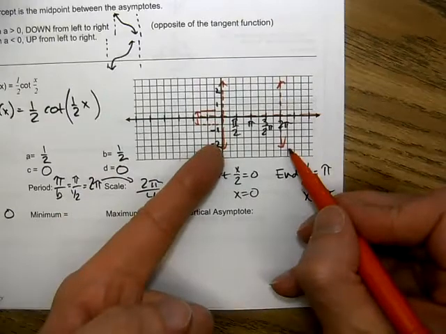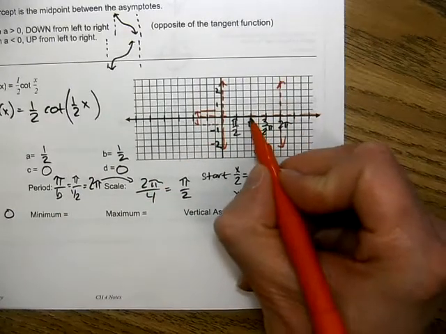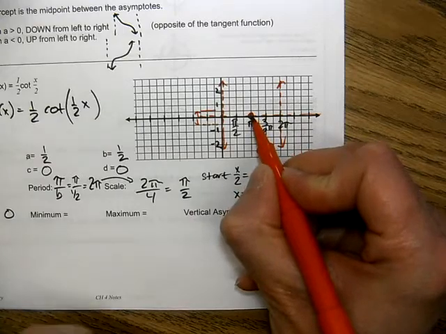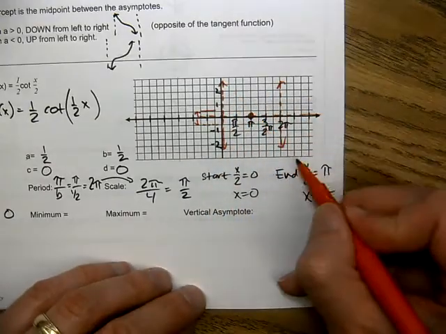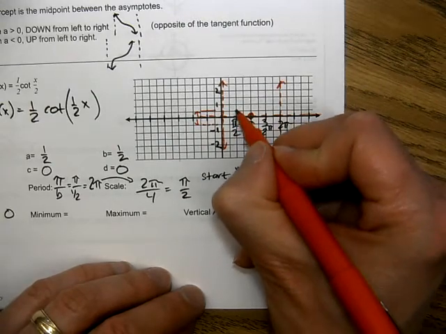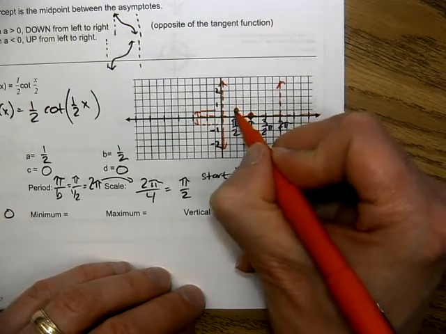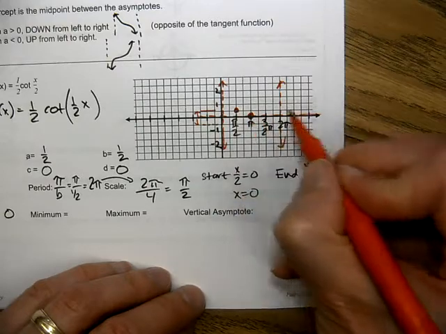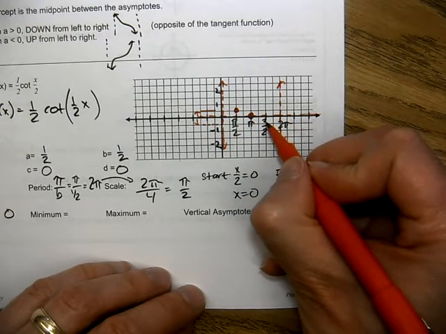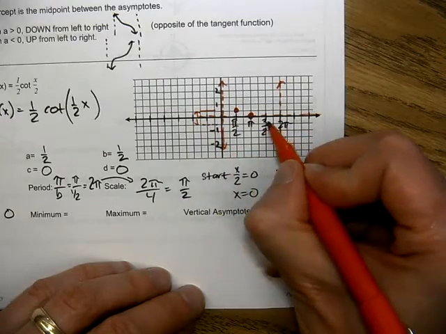Between the two vertical asymptotes, right smack dab in the middle, you have a critical value on the midline. Remember that our cotangent graph is going to be falling. So at pi over 2, we want the upper critical value at that amplitude value, and at 3/2 pi, we want the lower amplitude value.